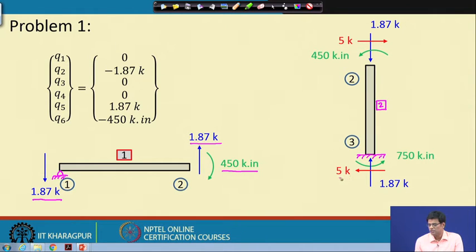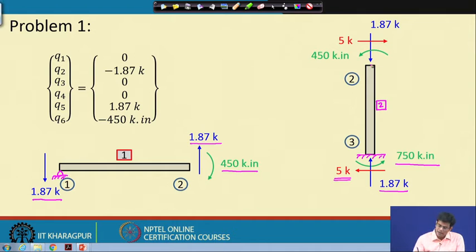This was balanced by 5 kilopound, and similarly this 1.87 is balanced here, and there is a counterclockwise moment of 750 kilopound inch. These three reactions match our internal reactions computed in the previous calculation.